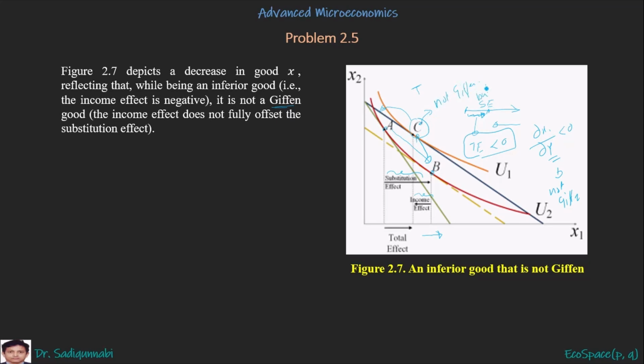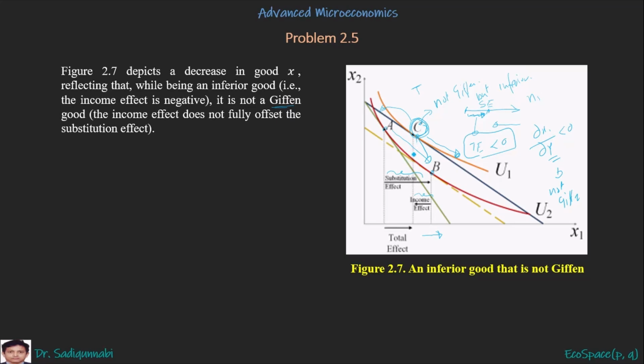If C is lying ahead of B, it is neither inferior nor Giffen. So the position of C is very important for being Giffen or inferior.